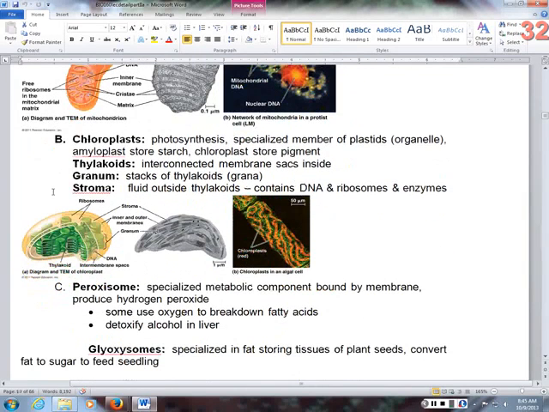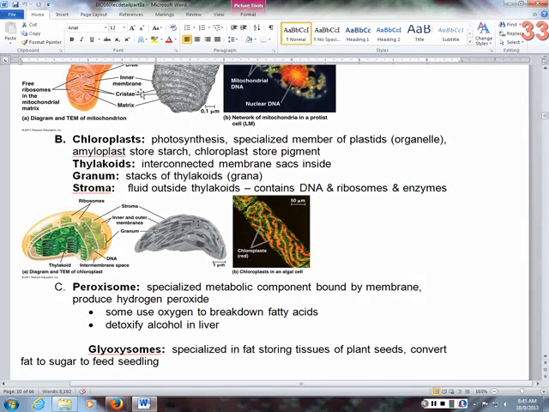When we look at the chloroplasts that we use for photosynthesis, these are a member of the plastid organelles. They store starch, so they're an amyloplast. Amylose is starch. And the chloroplasts will store pigment. Inside, instead of having the cristae, you've got a bunch of interconnected membrane sacs.